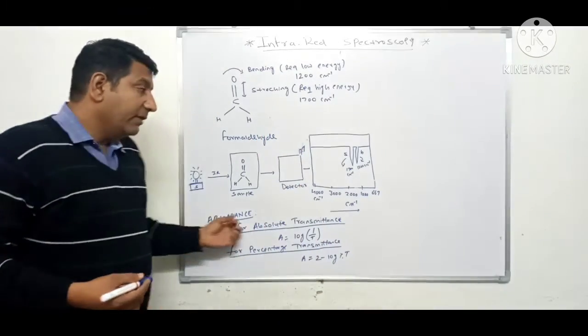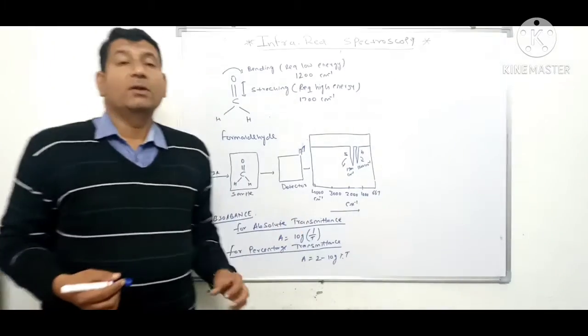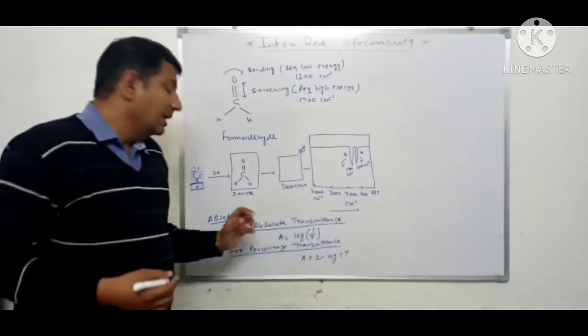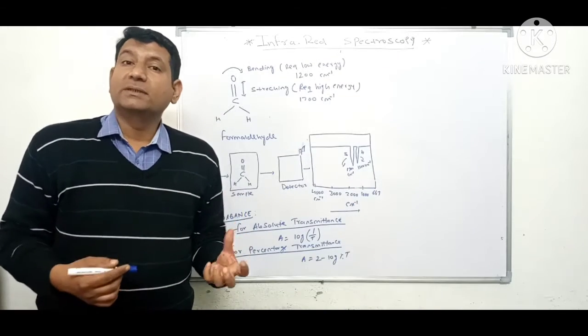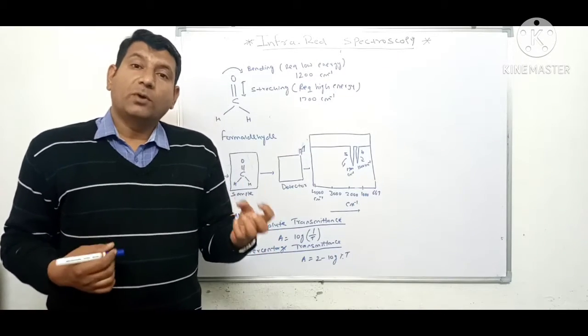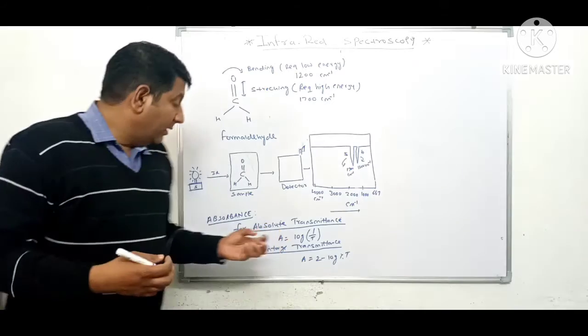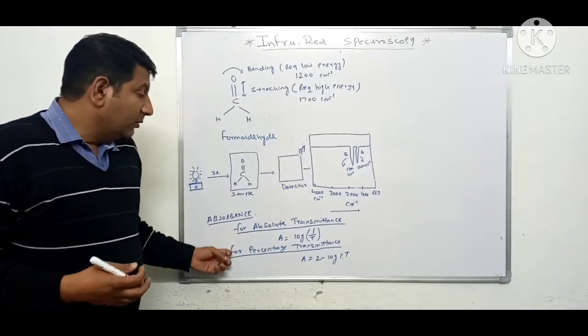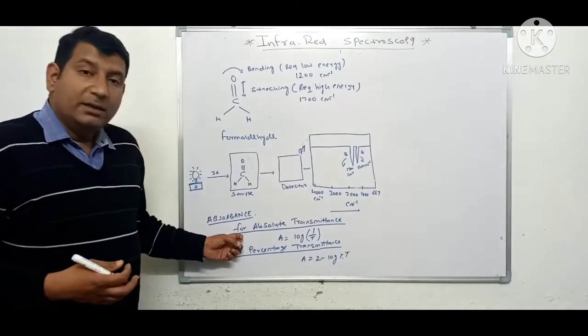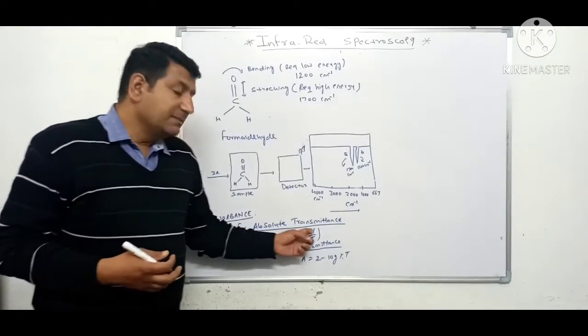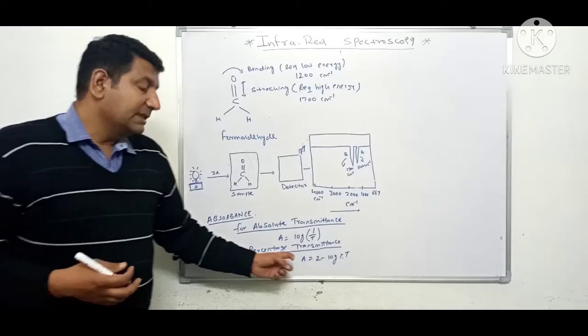Now we have to discuss some important terminologies regarding IR spectroscopy, that is absorbance. In UV spectroscopy, we studied that absorbance is the amount of light absorbed by the sample. Now in IR spectroscopy, there are two types: number one for absolute transmittance and number two for percentage transmittance.